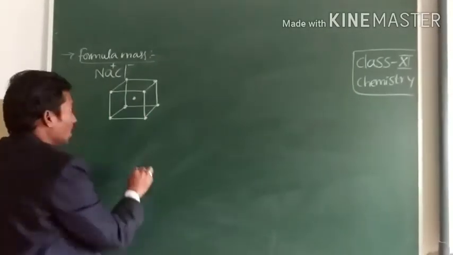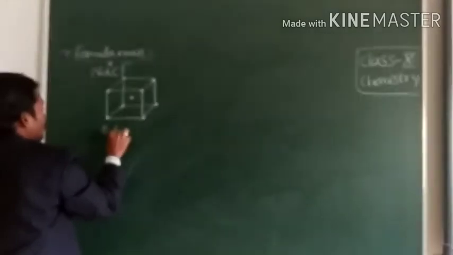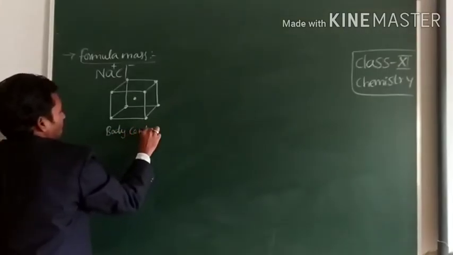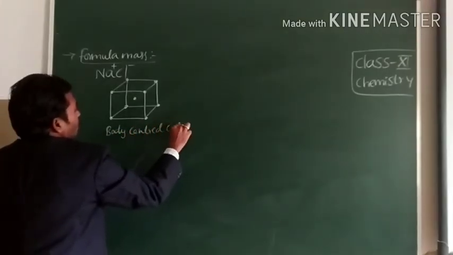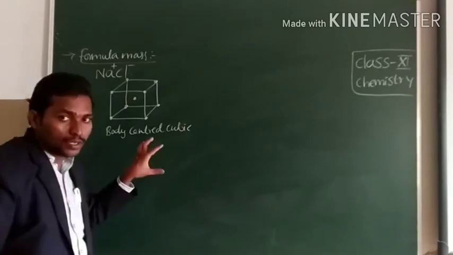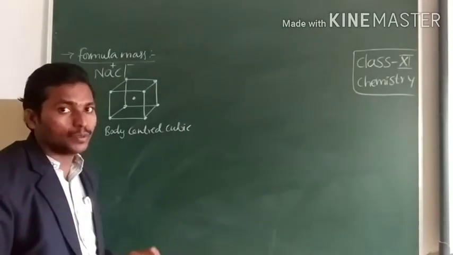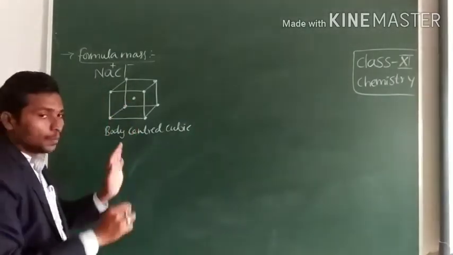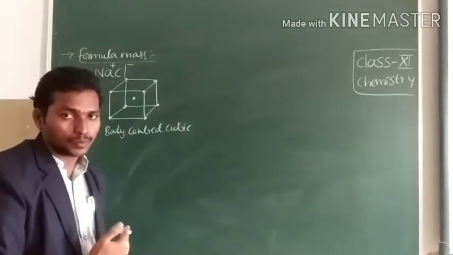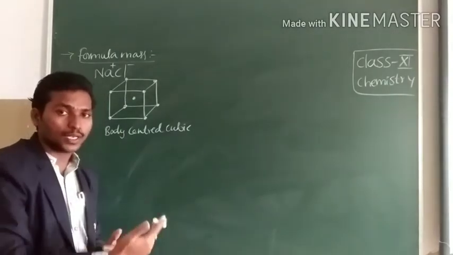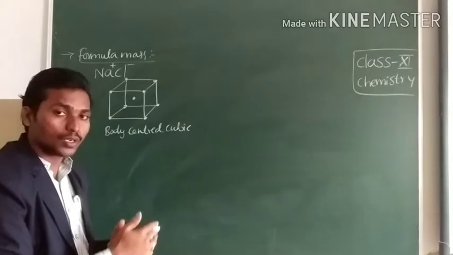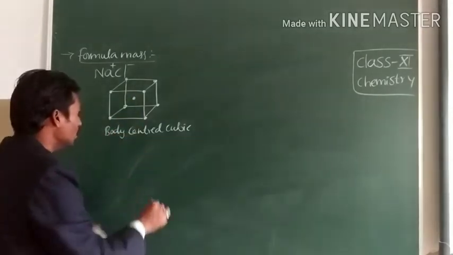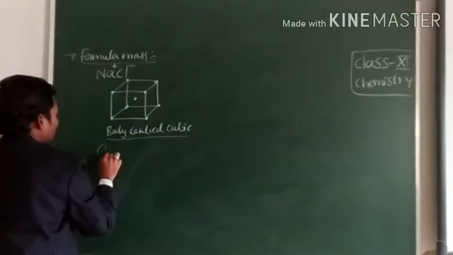In a body centered cubic crystal, coordination number means the number of nearest neighboring atoms. Coordination number is 6.